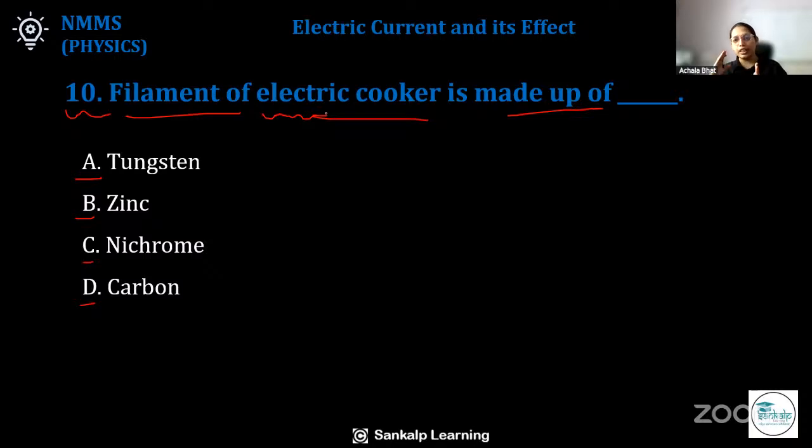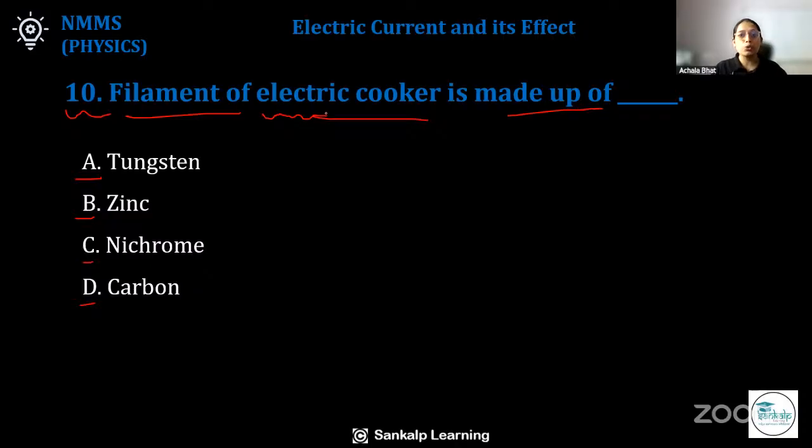When electric current passes through some wire, heat energy is produced when they oppose or resist the flow of current. Based on this principle, electric cooker works.